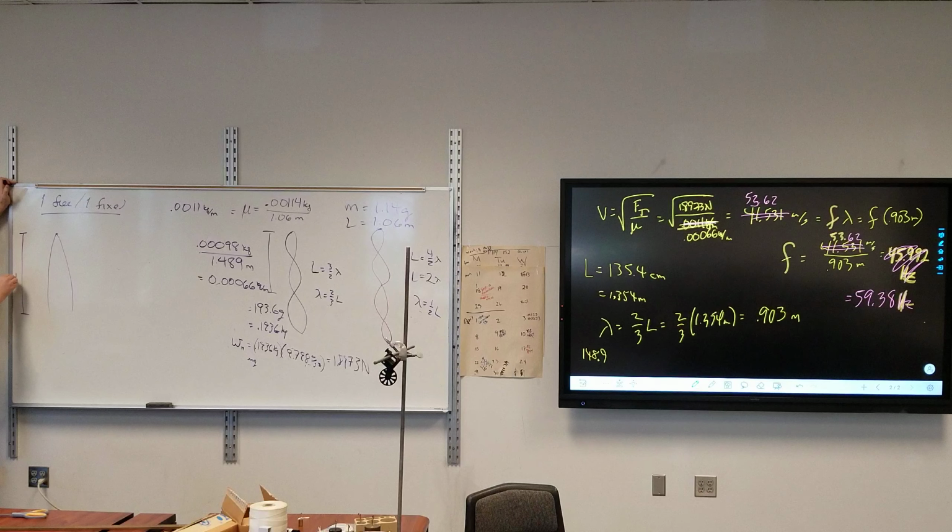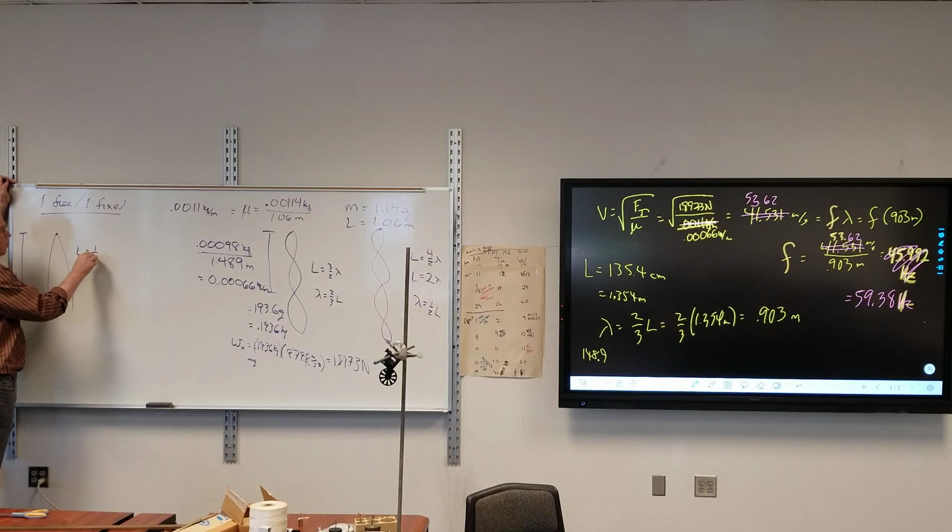This length here is L. How many waves is this? 1/4. So L is equal to 1/4 of a wave, therefore the wavelength is 4 times L. This is the first harmonic.